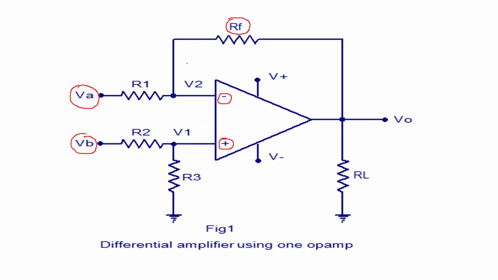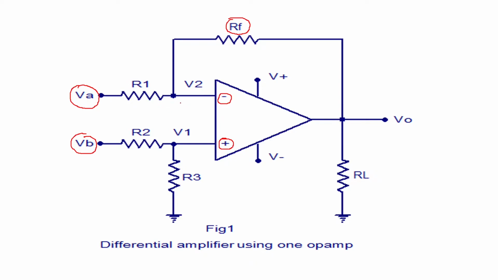And then this RF and R1 will decide the gain for the input which is going to come through here to the output. So here we are having a combination of inverting amplifier and non-inverting amplifier.